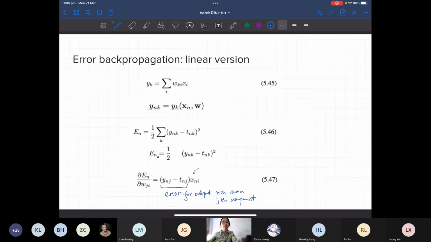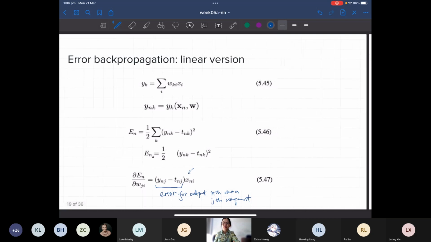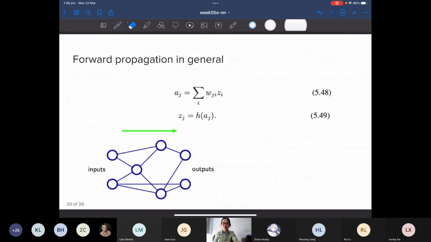As we saw in perceptron, this is the case. In logistic regression, it's kind of the case. So we've seen this. So there are two terms. The backprop term refers to computing the gradient, and the forward propagation refers to essentially the feed-forward structure, the neural network computation that we've been talking about.